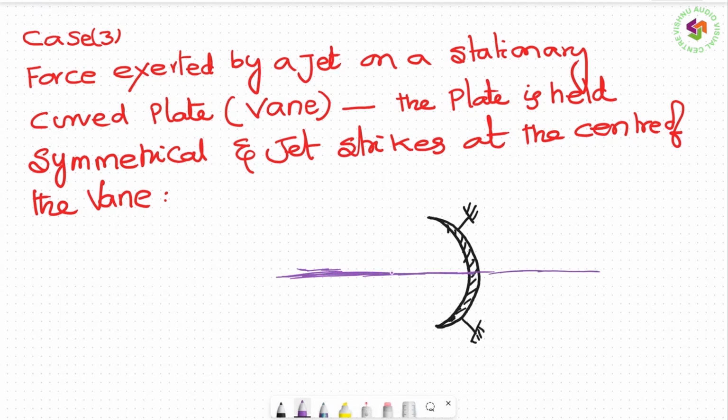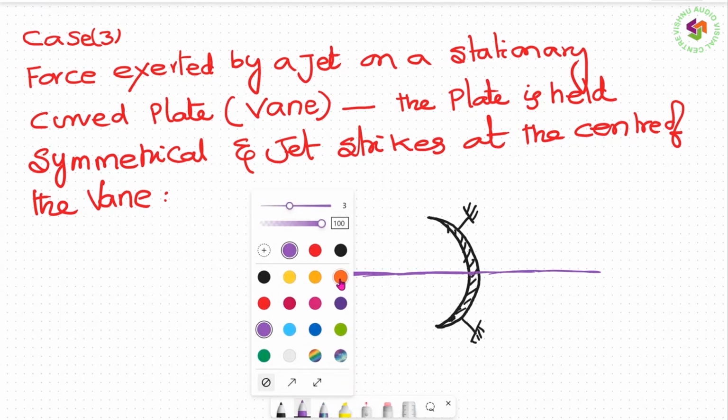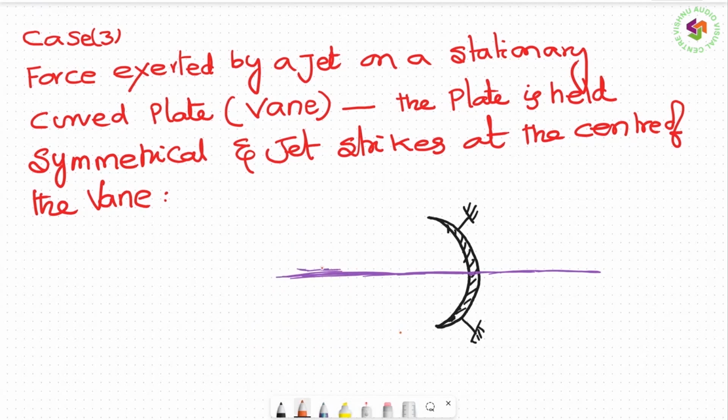This is the first thing you need to do. Then you put the jet striking. This is the pipe. This is the nozzle portion from where the jet is emanating. So this is how the jet strikes at the center and leaves like this.